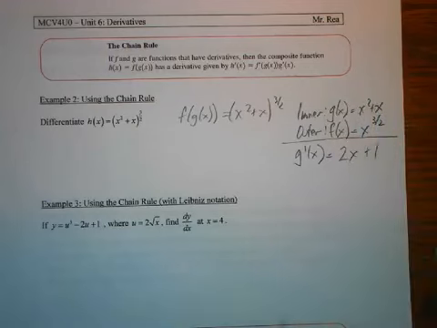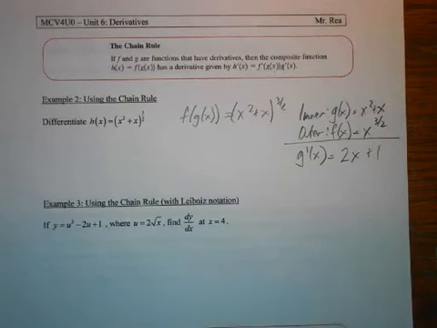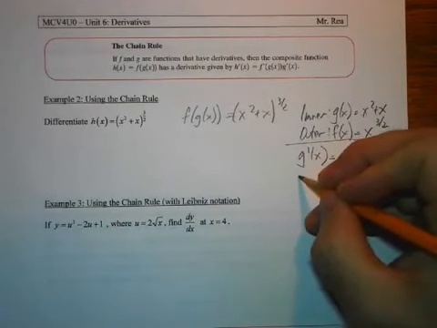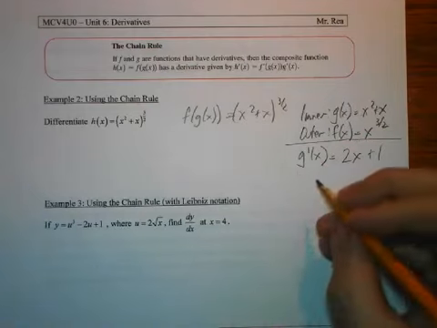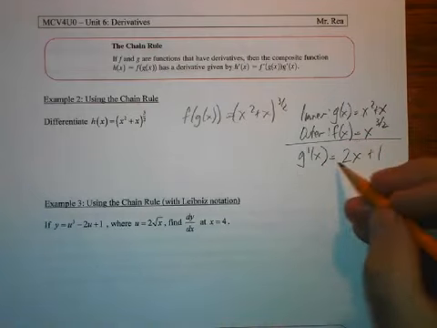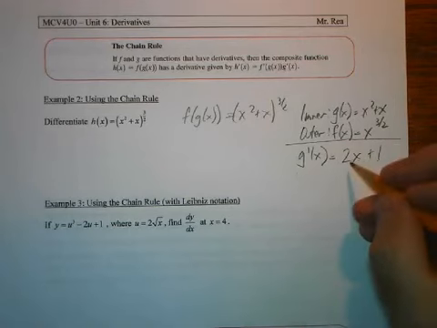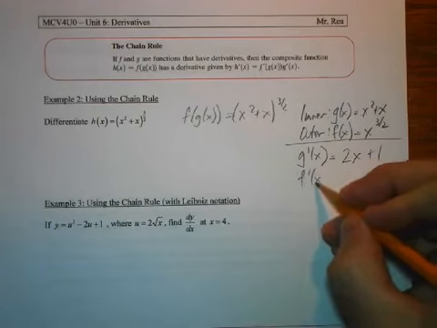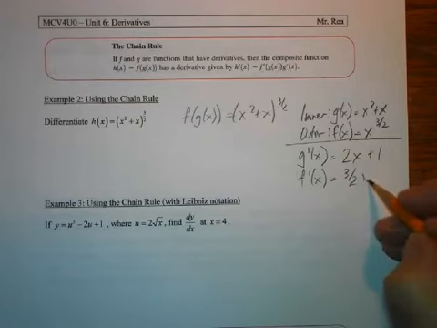So 2x plus 1 is the derivative of g of x. And the derivative of f with respect to x would be 3/2 x to the 1/2.